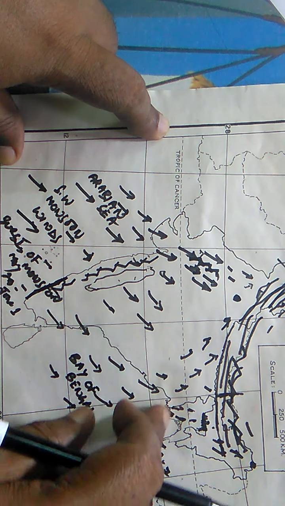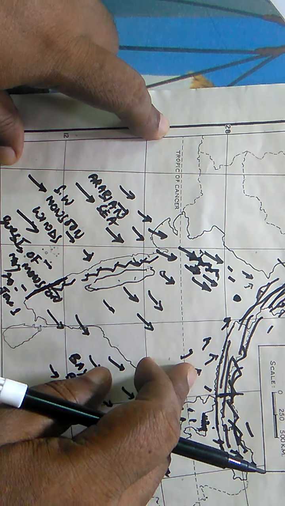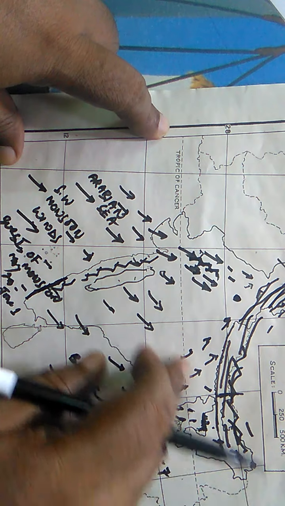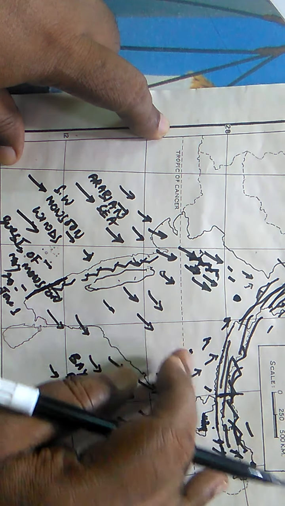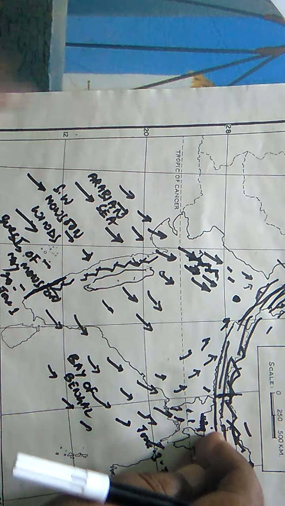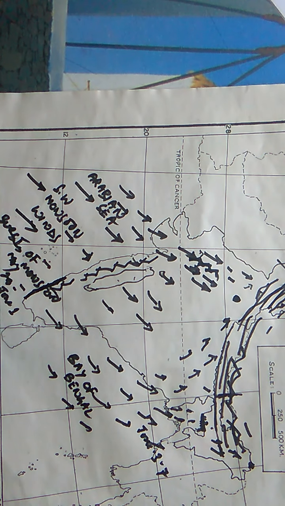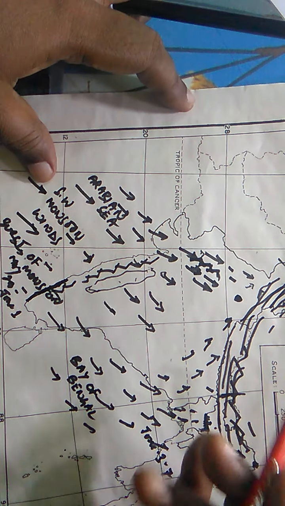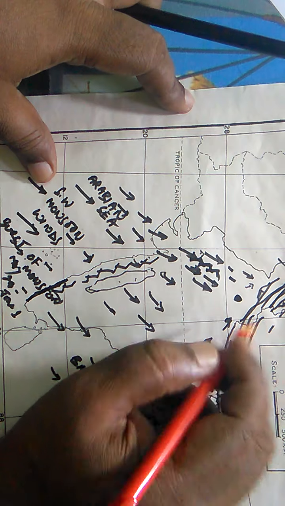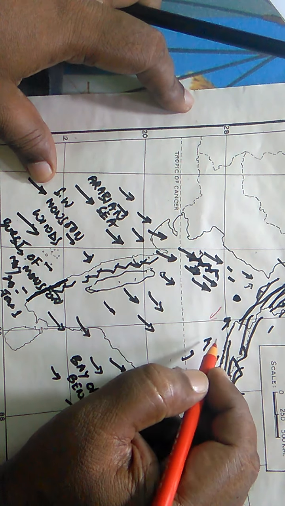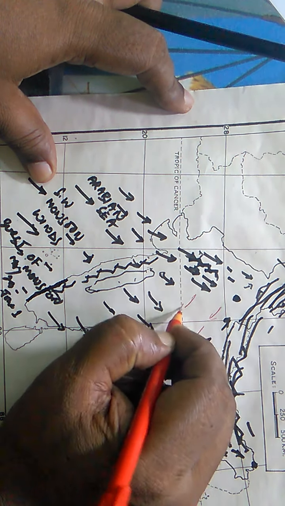Now this monsoon season normally goes on up to the month of September. By then it gradually begins to weaken, and that is the time when the monsoon winds begin to retreat. ये जिस तरह से इधर जा रहा था वो आहिस्ता आहिस्ता उल्टा डायरेक्शन में वापस आना शुरू हो जाता है.